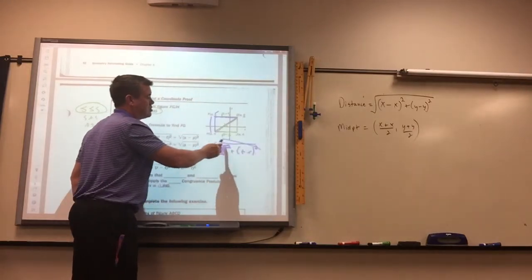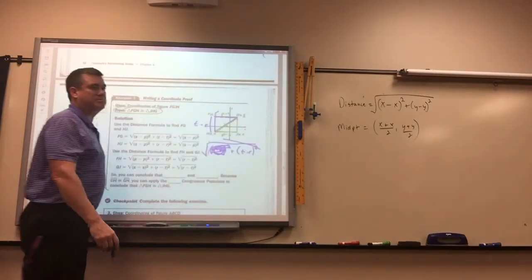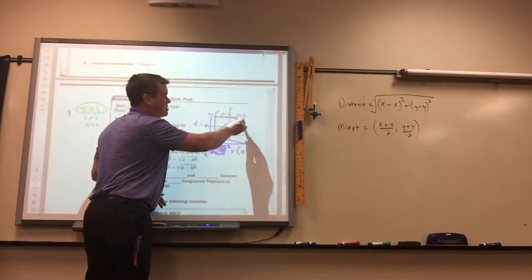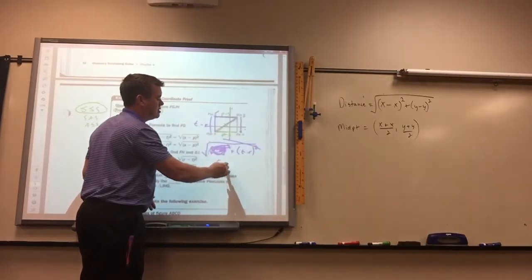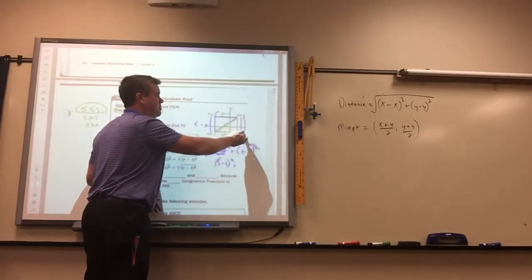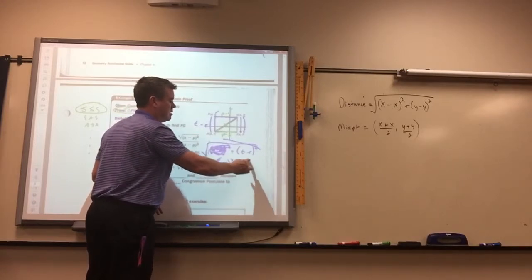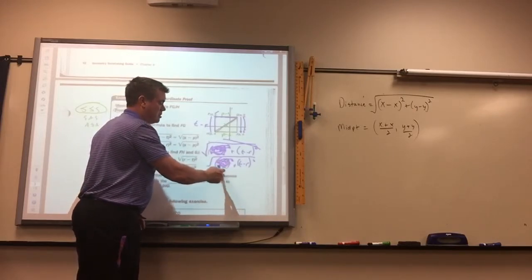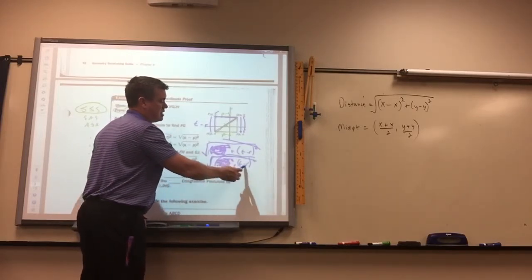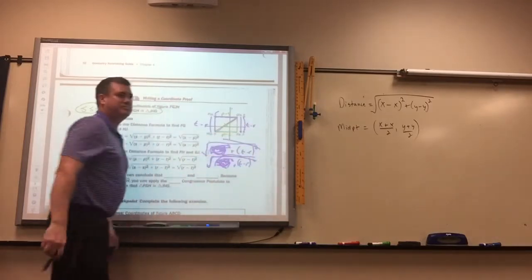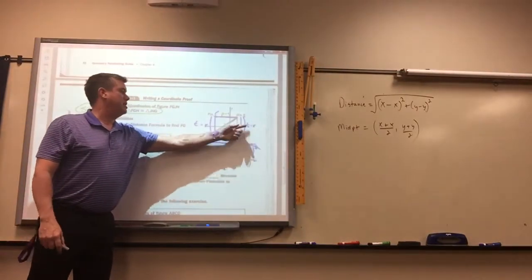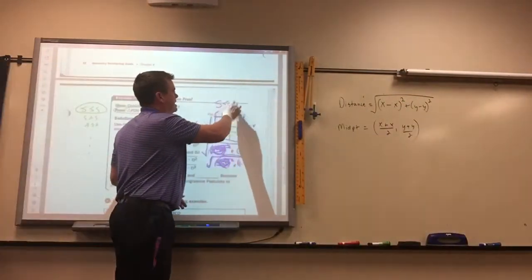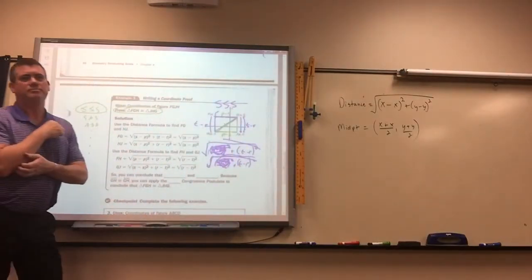Square root of a square cancels, so this is T minus R. Then you do the same thing on this side to see if you get T minus R. X take away x, S minus S squared, plus T minus R squared, square root it. S minus S is 0, that cancels. So the square root of a square cancels, and you're left with this side is T minus R. So there we showed that these sides are equal, these sides are equal. So they're congruent because of side, side, side. Okay?